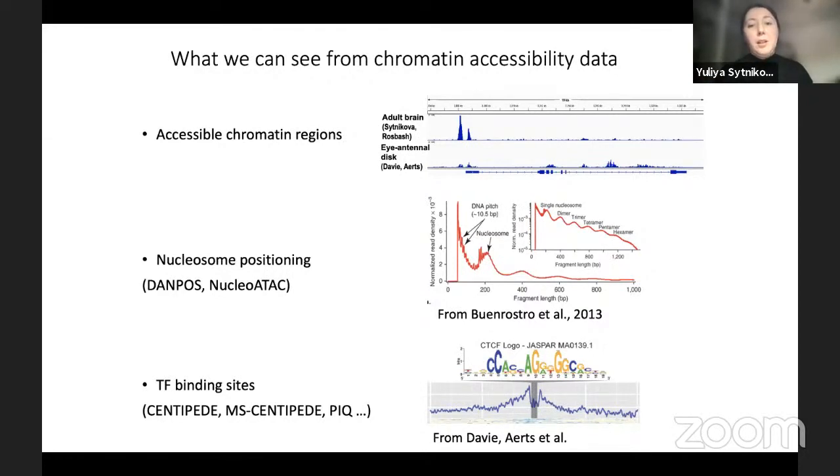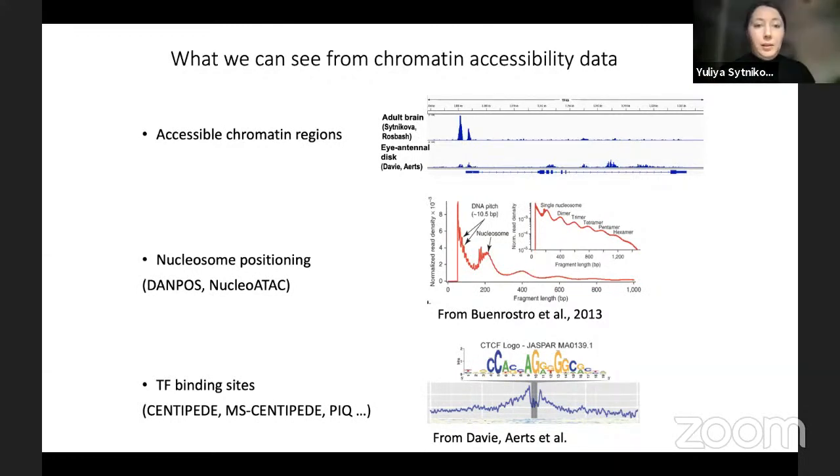And by analyzing the coverage of a region with particular fragments of ATAC-seq or DNase-seq, you could understand whether this region is actually covered by nucleosomes, or it's more compacted, and so on.